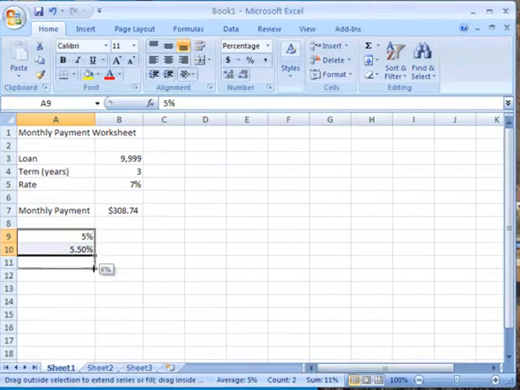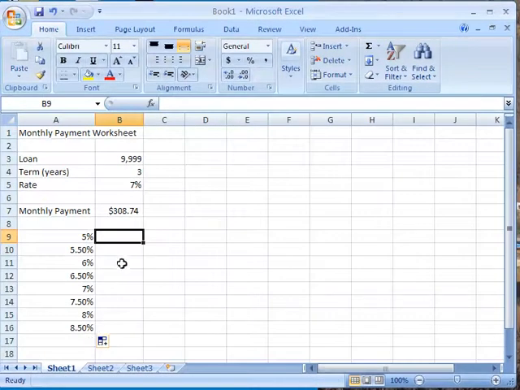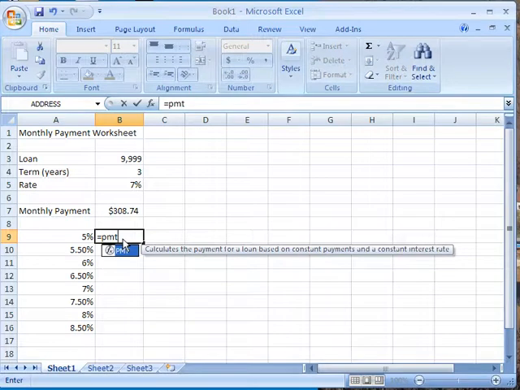I do need to highlight both of them. And it comes up with a sequence. So to review again how we did that, we highlighted the 2 that showed the pattern and then grabbed the copy fill handle.